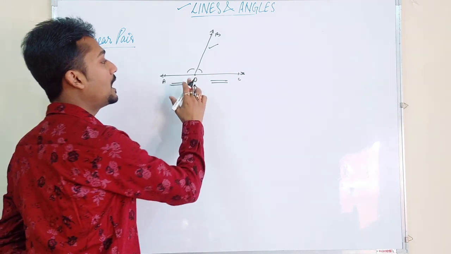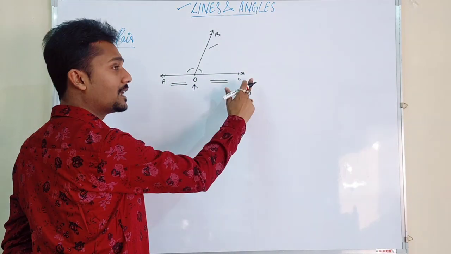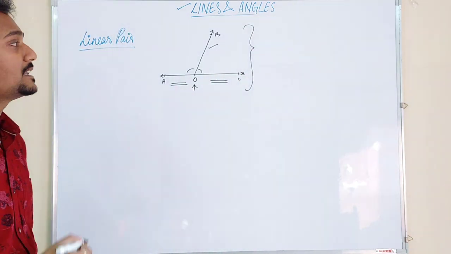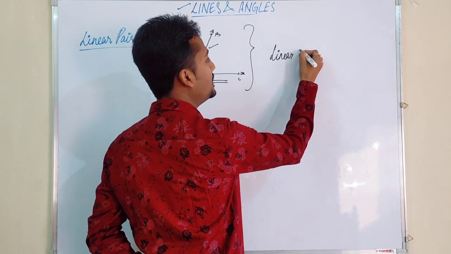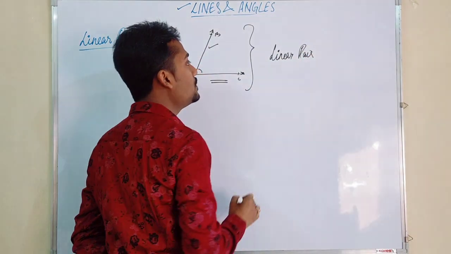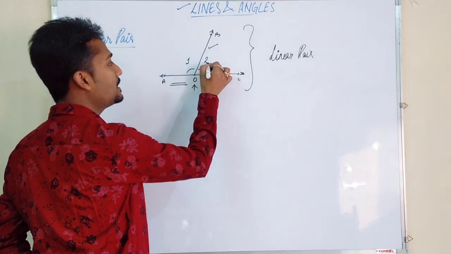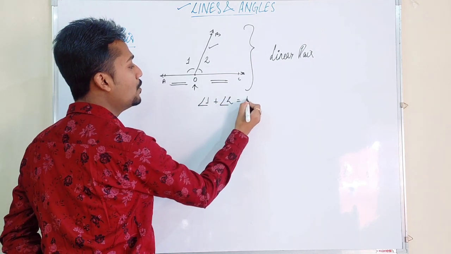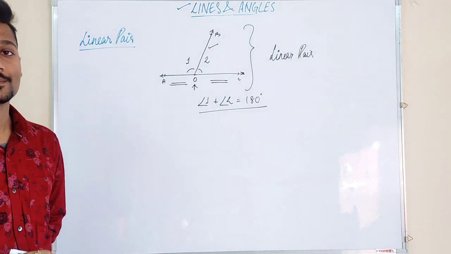If the non-common arms are in opposite directions, or in a straight path, then such a pair of adjacent angles is known as a linear pair. Now, the sum of a linear pair, say this is angle 1 and this is angle 2, will be equal to 180 degrees. You should remember this part.